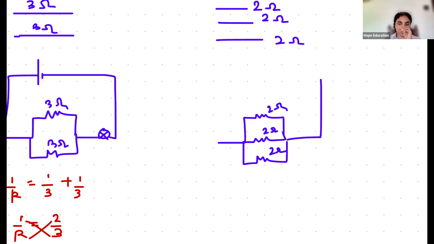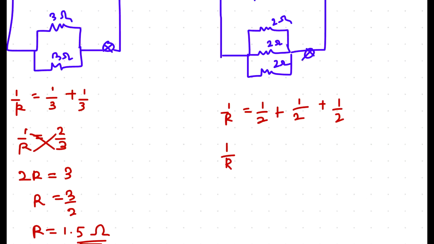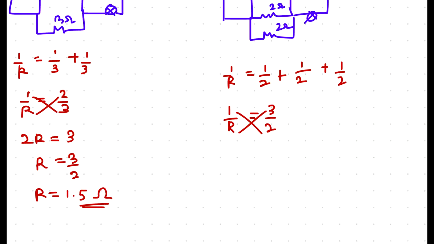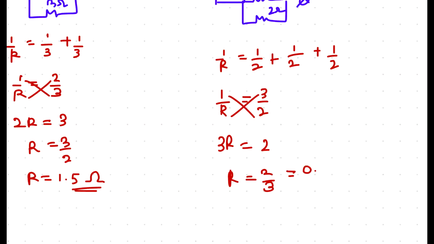There is a bulb here too, I forgot to draw the bulb. That's a battery. So to calculate the equivalent resistance, 1 over R equals 1 over 2 plus 1 over 2 plus 1 over 2. There is a common denominator, so the numerator is 1 plus 1 plus 1, which is 3. So 3 over 2. Cross multiplication, 3R equals 1 times 2, which is 2. R equals 2 divided by 3. Roughly, that comes to 0.66 something. So that is even lower.